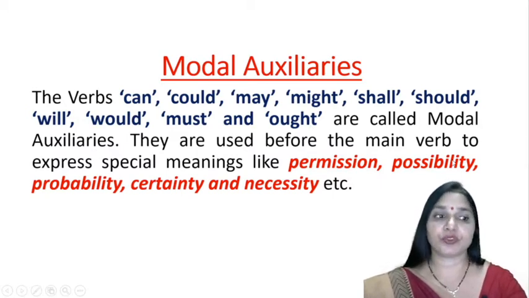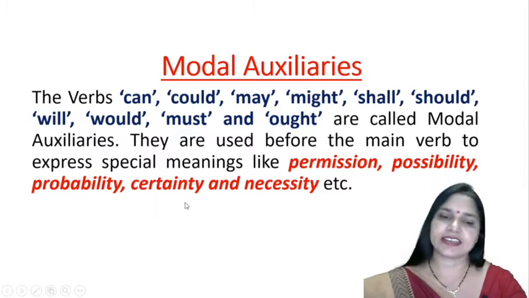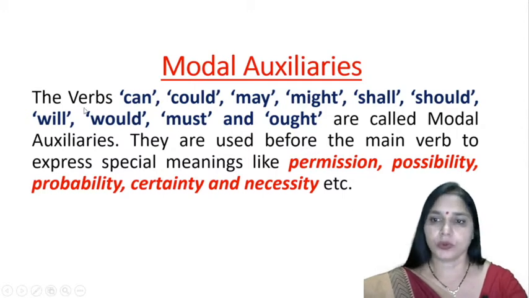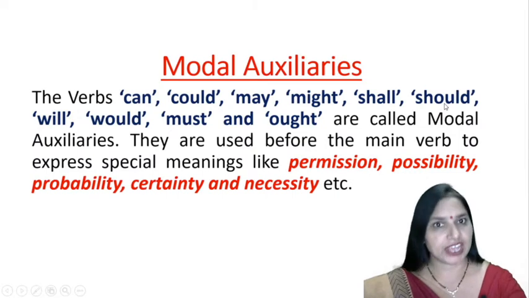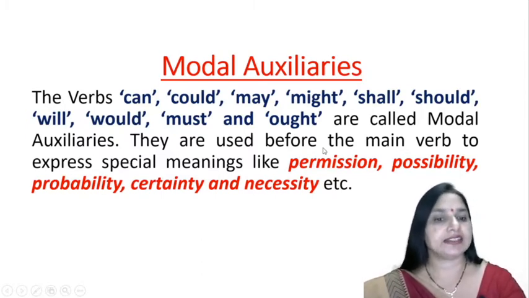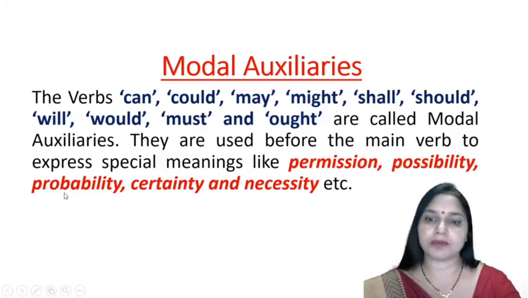They are used before the main verb to express special meanings like permission, possibility, probability, certainty and necessity, etc. So, modal auxiliaries are helping verbs, and they help the main verb to express these special meanings.